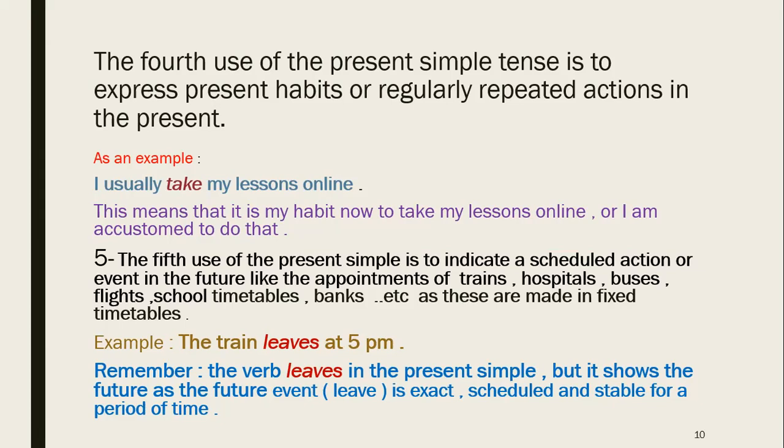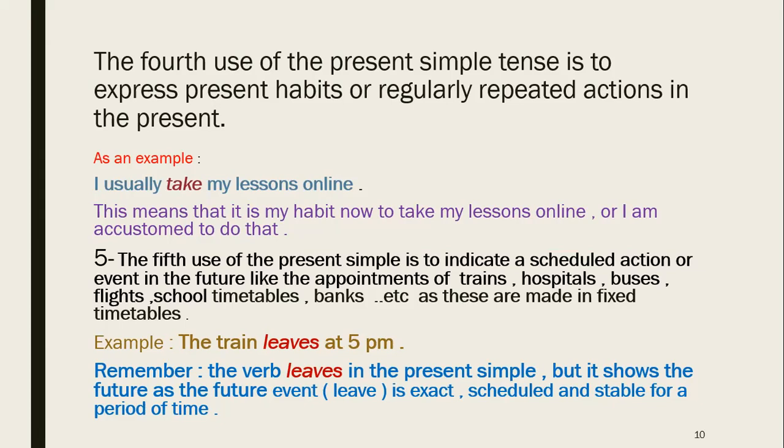We use the adverb of frequency usually to express the meaning of the habit here. This means it's my habit nowadays, these days, in the present, to take my lessons online. So I'm accustomed to do that. So I usually do that. So I often do that. I always do that when the verb is repeated very often in the present. This is called a habit.